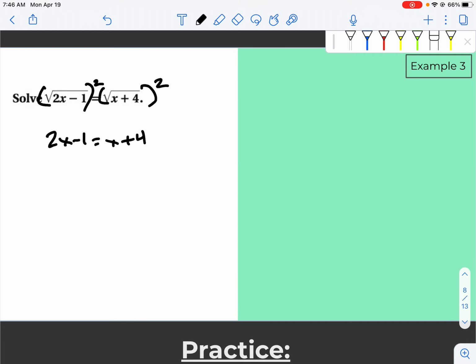And now we can just solve for x. So pretty straightforward, almost easier if both sides are totally square rooted, but it's a form that we're not used to seeing. We're not used to just bringing in the squared out of nowhere.